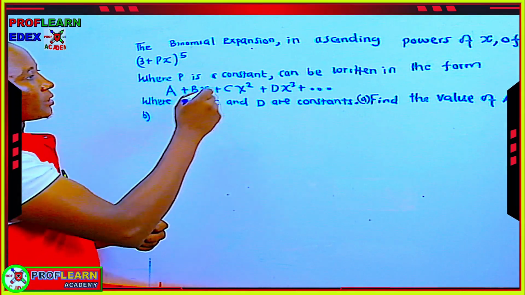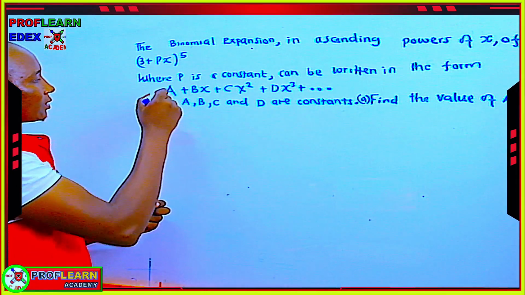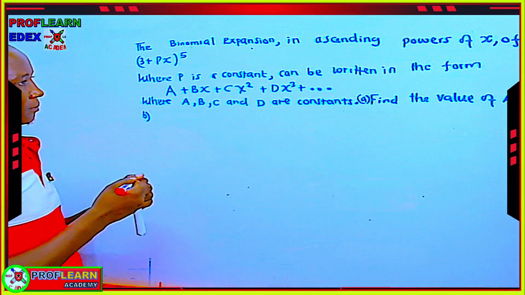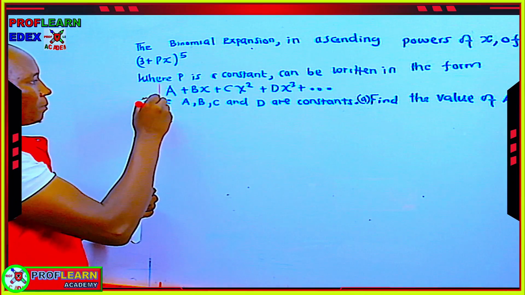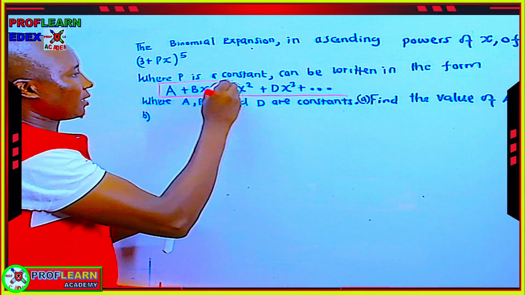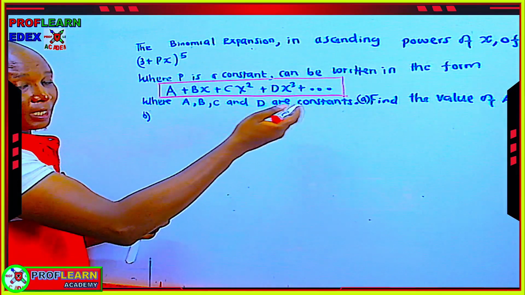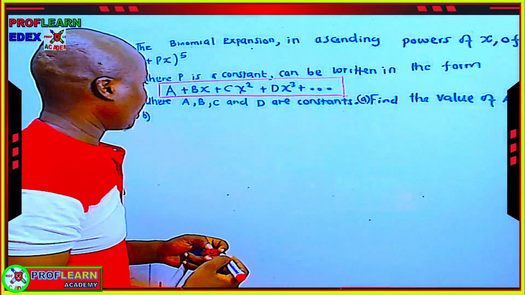where p is a constant, can be written in the form a plus bx plus cx squared plus dx cubed, and the rest of the terms are not listed.